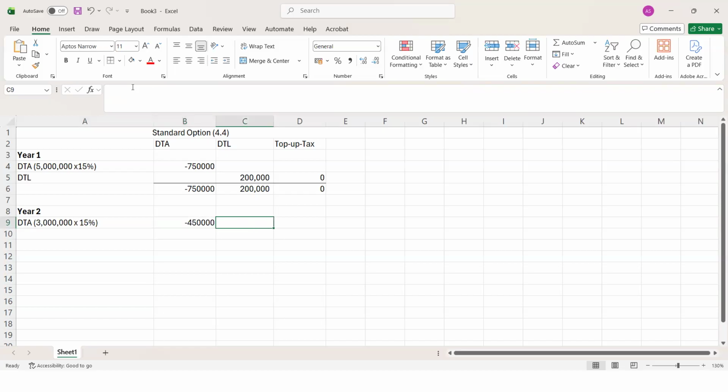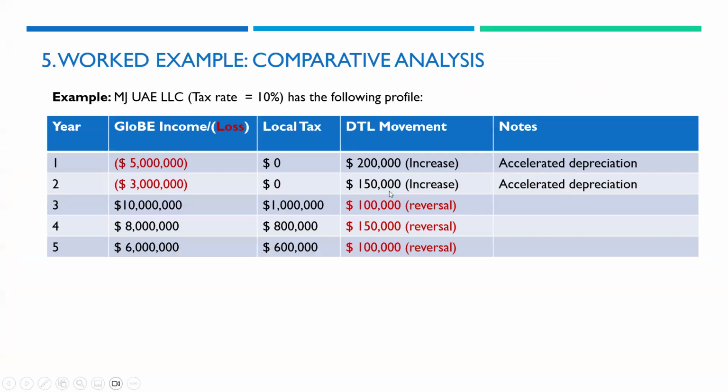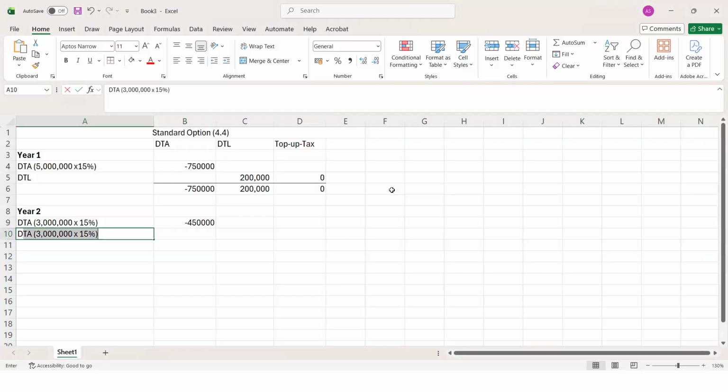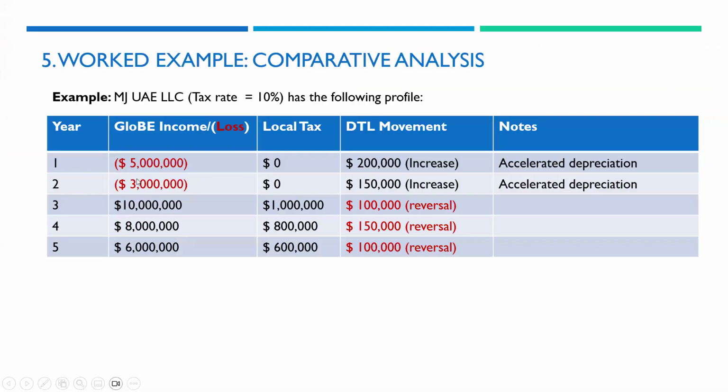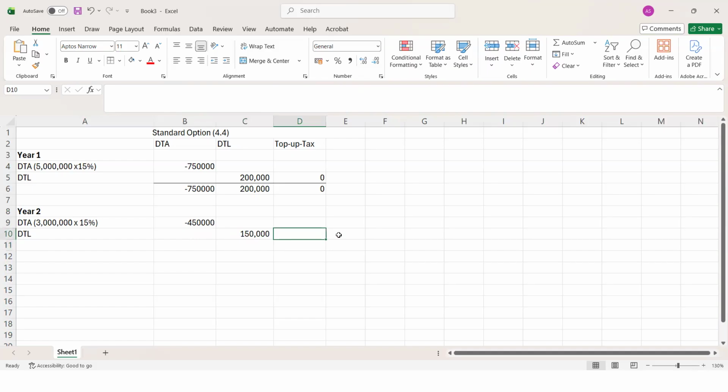And what is the increase in DTL? They say that the DTL has increased to 150,000. So DTL has moved 150,000. What would be the top up tax? Top up tax would be zero because I'm again having a loss.